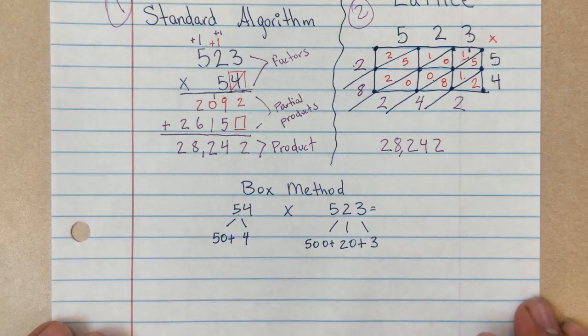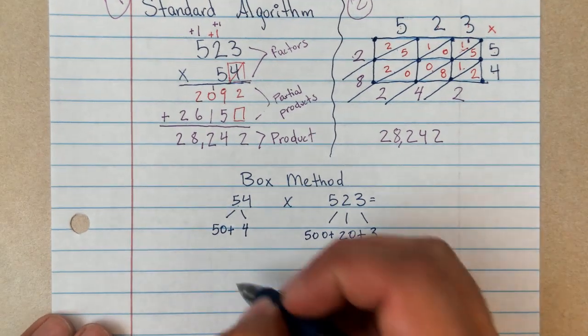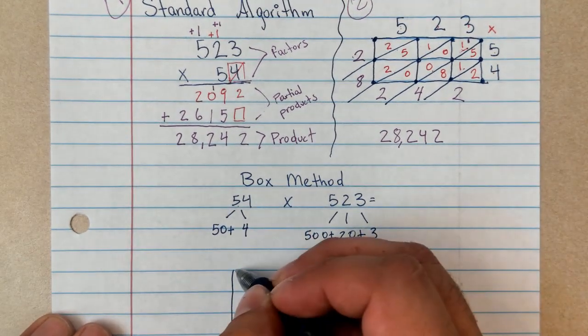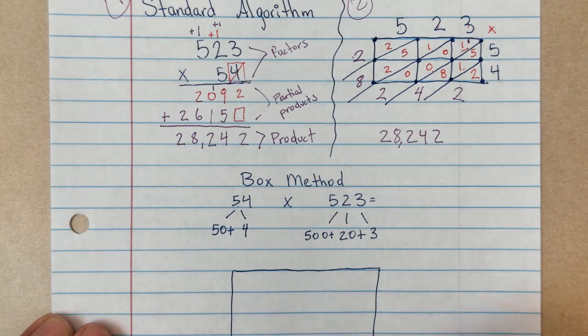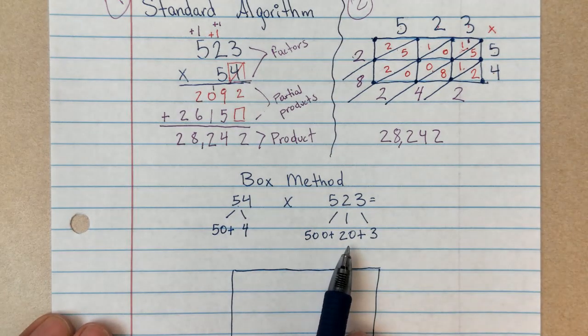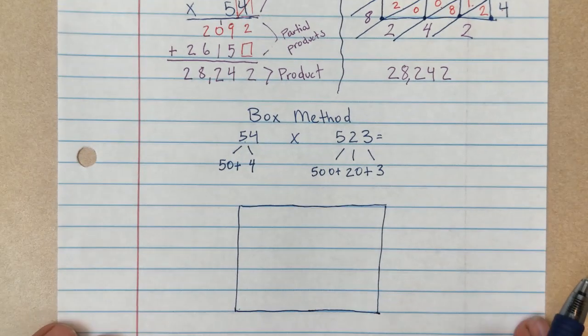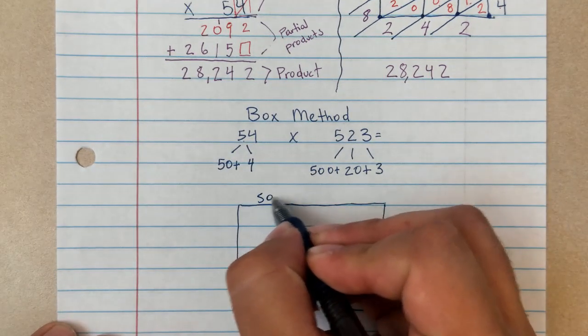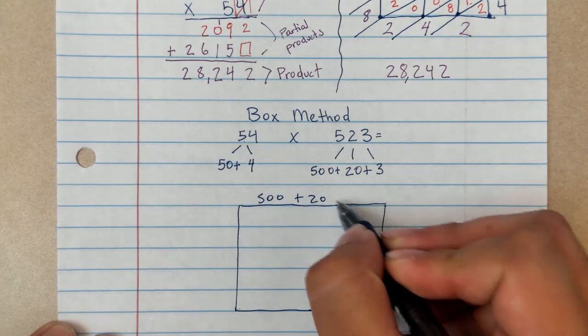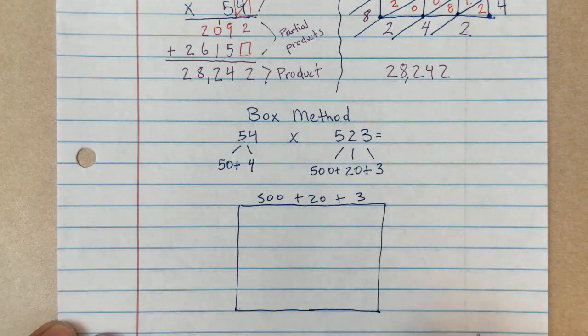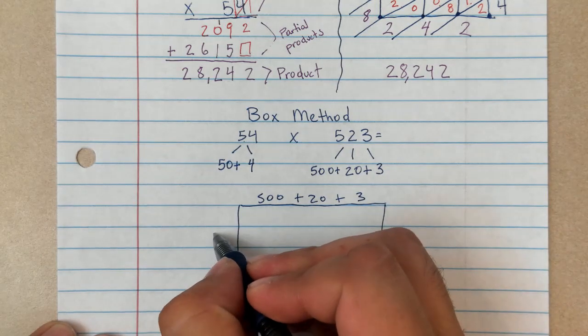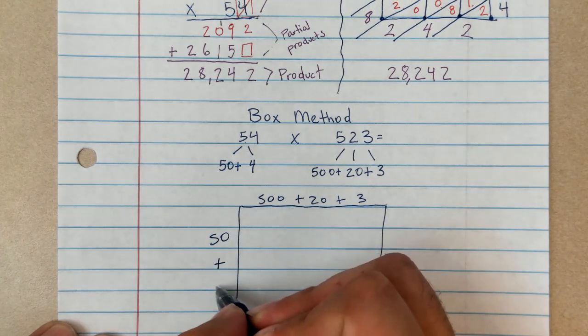Now for this one, we have to actually make it a pretty large box. We're going to start with the one that has the most values, which is 500 plus 20 plus 3. Now on the right side, we're going to put 50 plus 4.